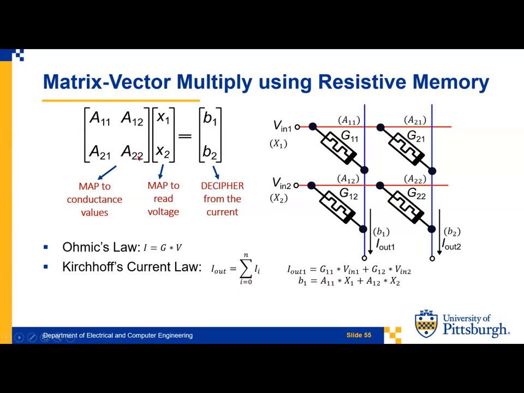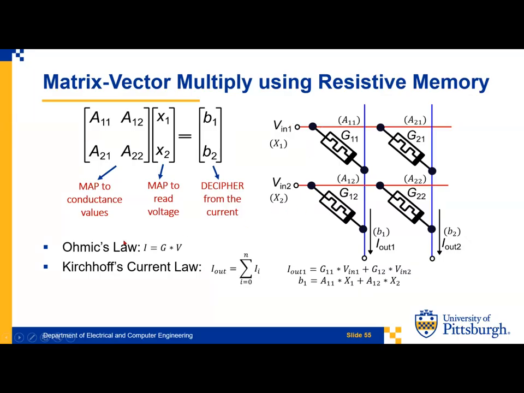So G11 here is A11, G21 here is A21, G12 is A12, and we map the input X to the read voltage.